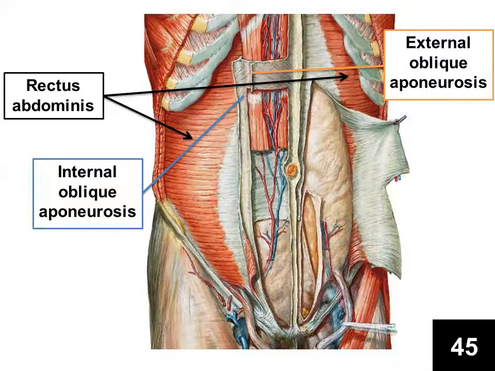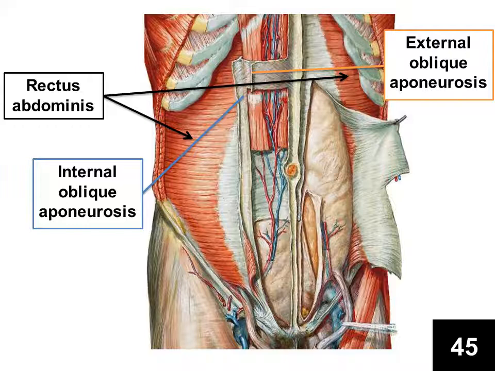All of them join the opposite side at the linea alba, whether external oblique, internal oblique or transversus abdominis. In the upper part, the aponeurosis lies behind the rectus, forming the posterior wall of the rectus sheath, meaning they pass behind the rectus abdominis.